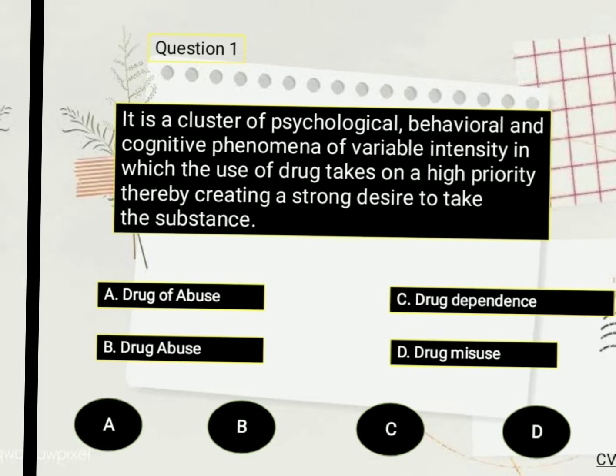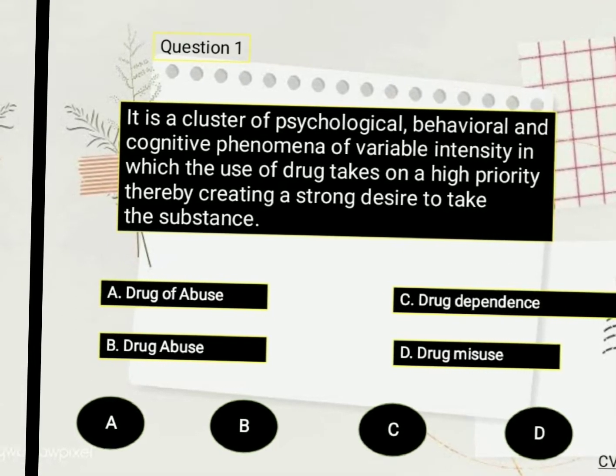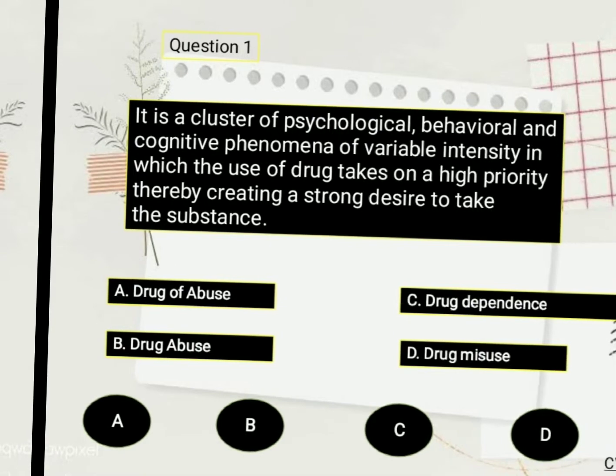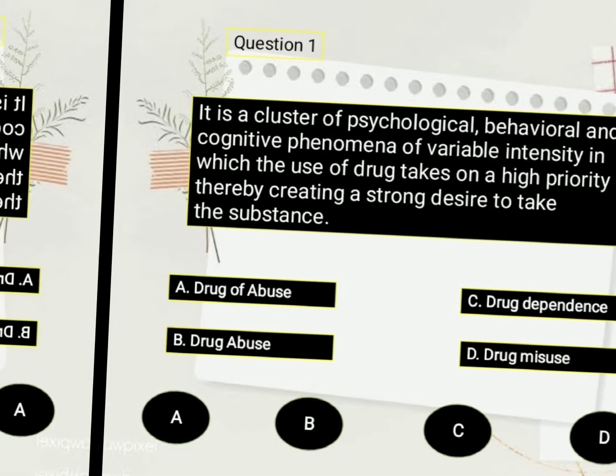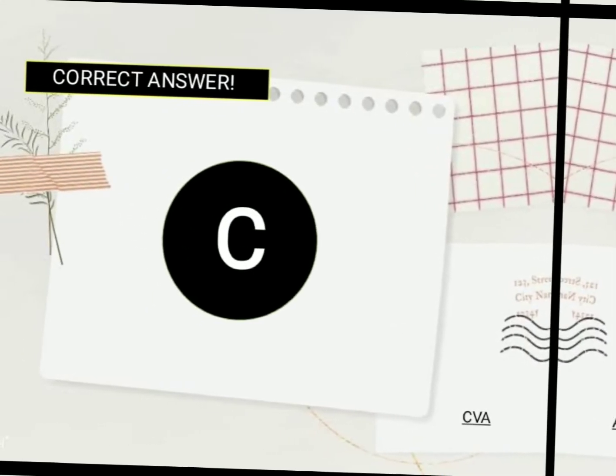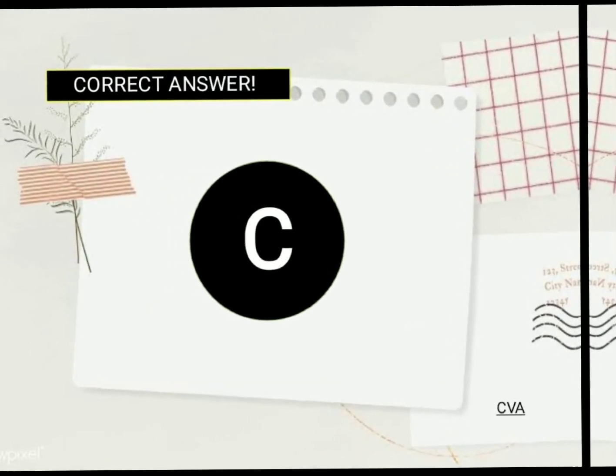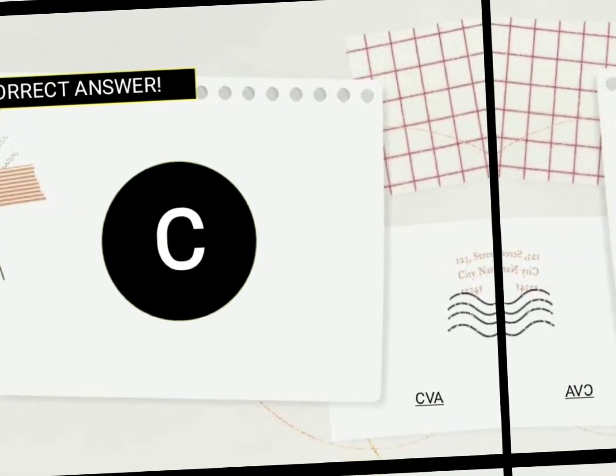A. Drug of abuse. B. Drug abuse. C. Drug dependence. D. Drug misuse. Your timer starts now. Very good. The correct answer is letter C, drug dependence.